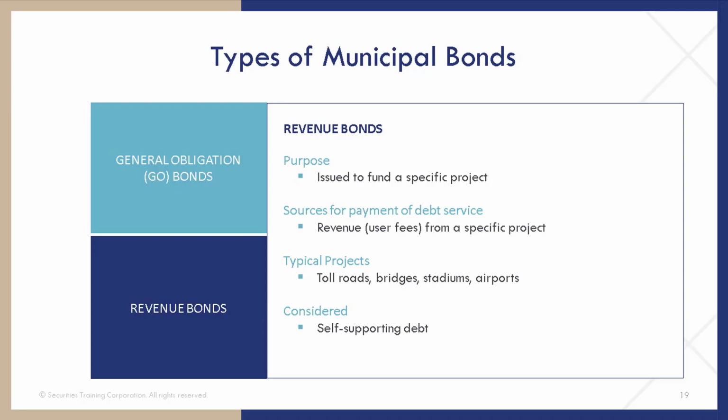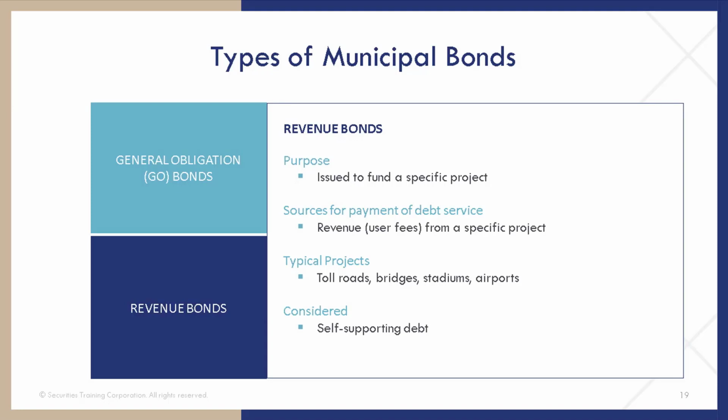And again, these are often issued by authorities or agencies that are created by the municipalities. Now, revenue bonds, notice, are not backed by taxes, so they're sometimes referred to as self-supporting debt. This debt will support itself because the debt is backed with the revenue produced by the facility that it's being used to finance.